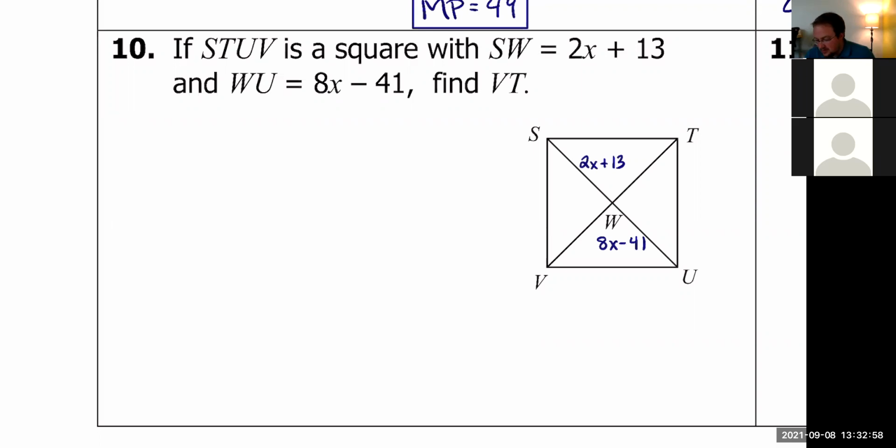Well, what can I do with those two expressions? I can set them equal because the diagonals in a parallelogram bisect each other, which means these are just two equal halves. So 8x minus 41 equals 2x plus 13.